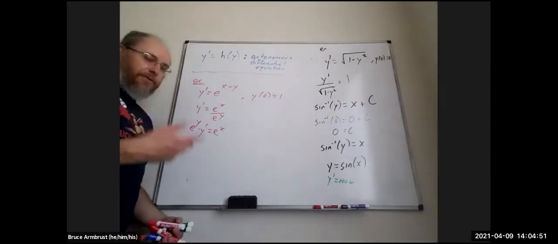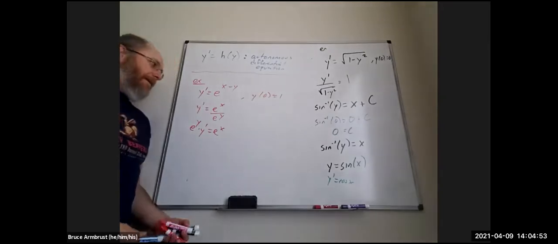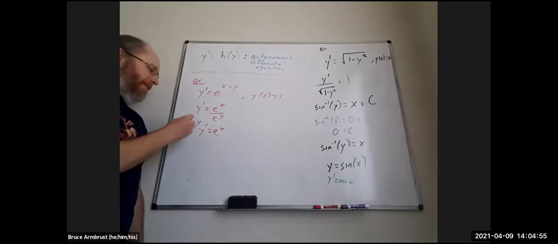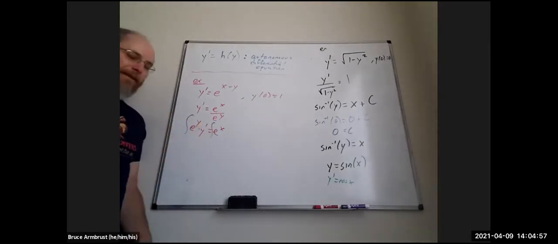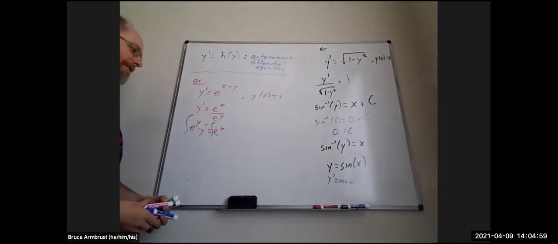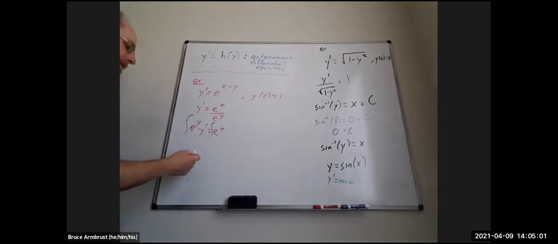But I guess Bradley just ruined all my fun. Thanks a lot, Bradley. Because now this is easy, right? Integrate both sides of this. Okay, so we get e to the y equals e to the x plus c.